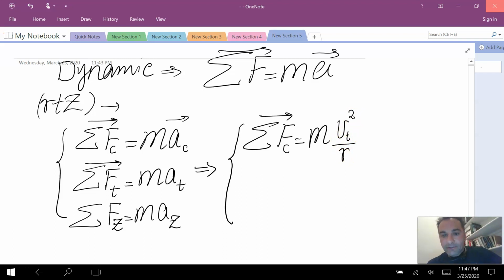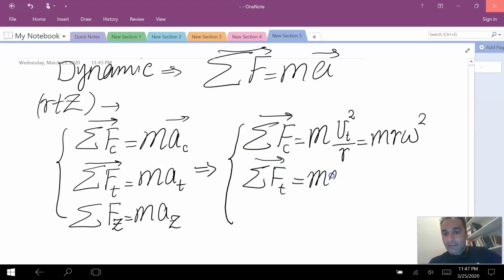Little r, big R doesn't matter. Or m r omega squared. Sigma F_T is m a_T, correct?